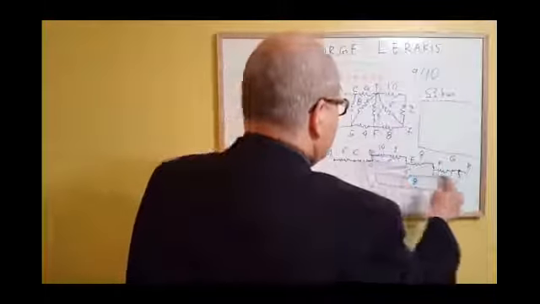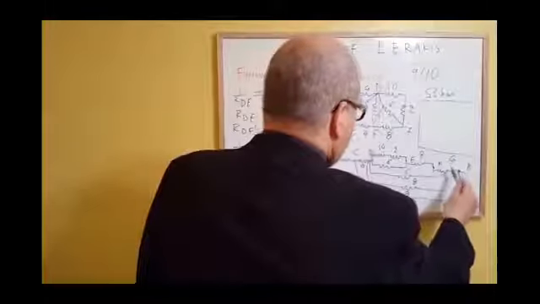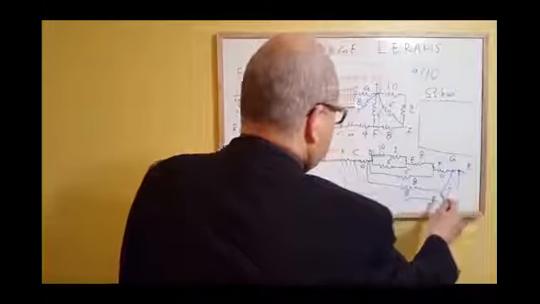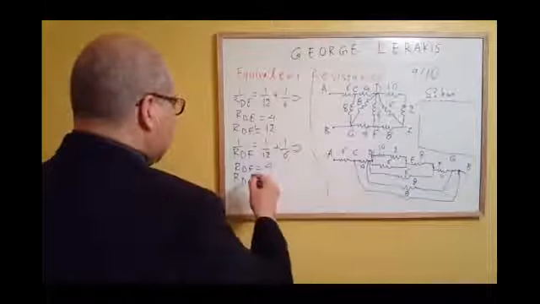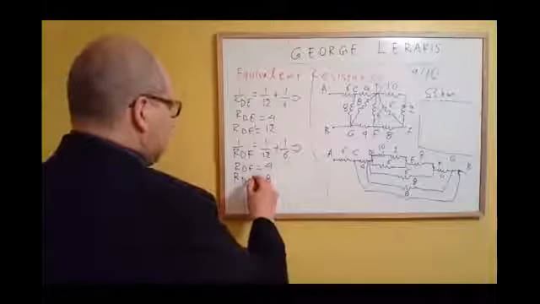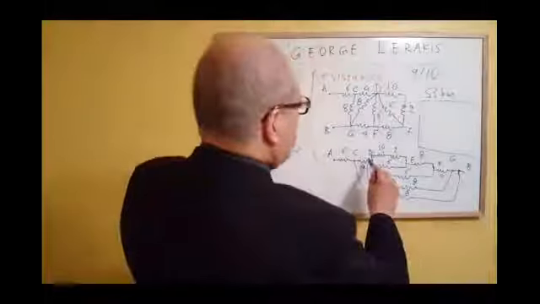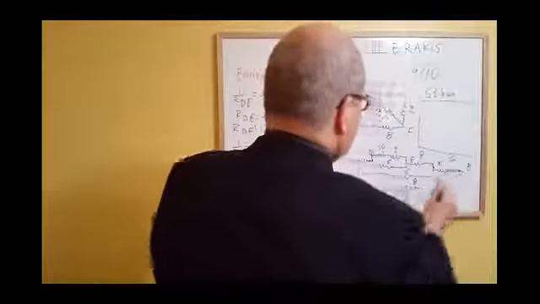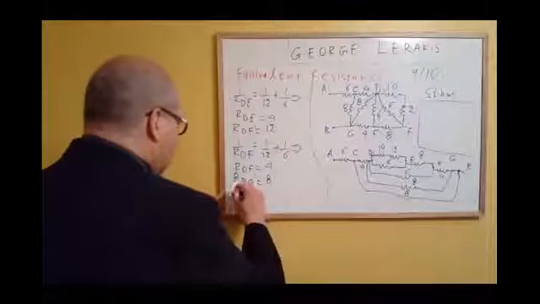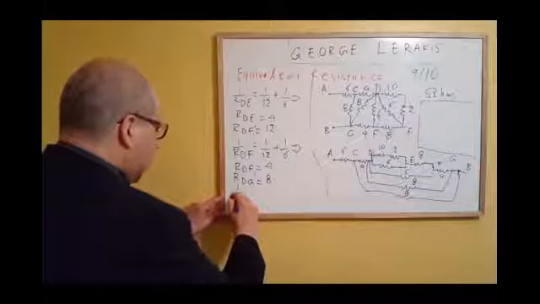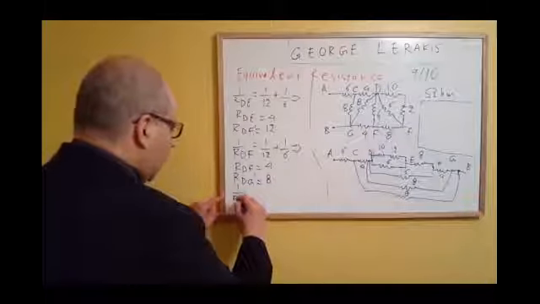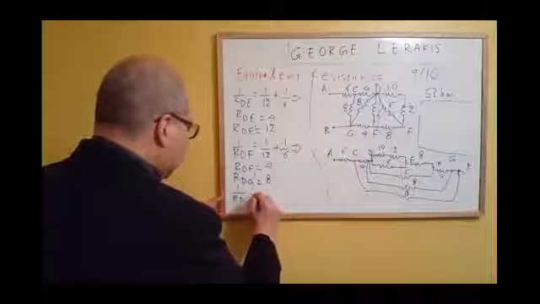And now all this from D to F is also in parallel with this here, which is 8. Again, let's say this is the prime, and the final one between D and G should be 1 over RDG.